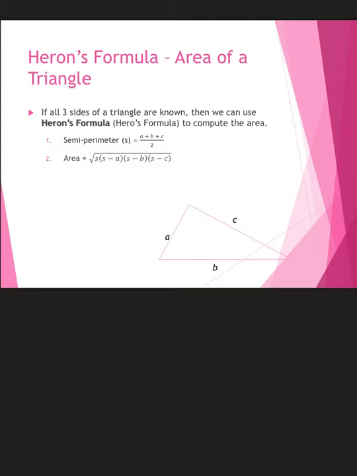So let's go through one example here. So let's say we have 12 centimeters, 10 centimeters, and 7 centimeters. So first I have to find that semi-perimeter. So I'm going to do S equals 7 plus 10 plus 12 divided by 2.